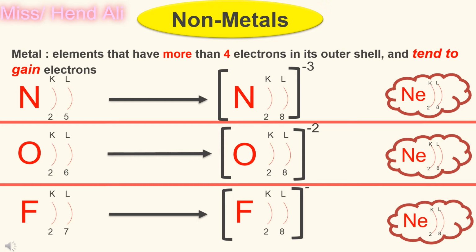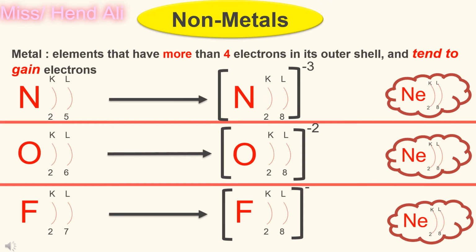So nitrogen will gain 3 electrons and change into a negative ion with a number of negative charges equal to the number of gained electrons. You may say that the nitrogen ion looks like the neon atom. Why? Because this is the whole purpose for changing into a negative ion: to reach the electronic configuration of the following inert gas.